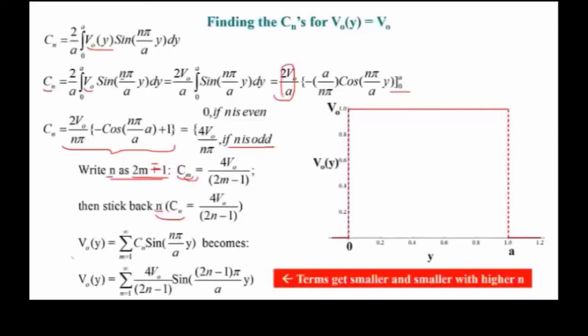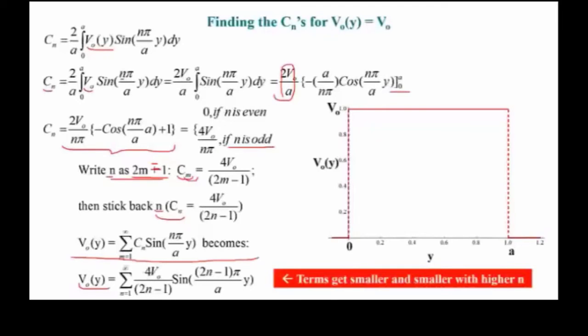Now we can write the whole Fourier series, which is equal to this, and we can replace C sub n with the n-dependent coefficient. We have the full version of the Fourier series of this function in terms of the sines. One thing you should notice is this n down here will be such that as n increases, the coefficients get smaller. So we get a better and better representation as we increase n.